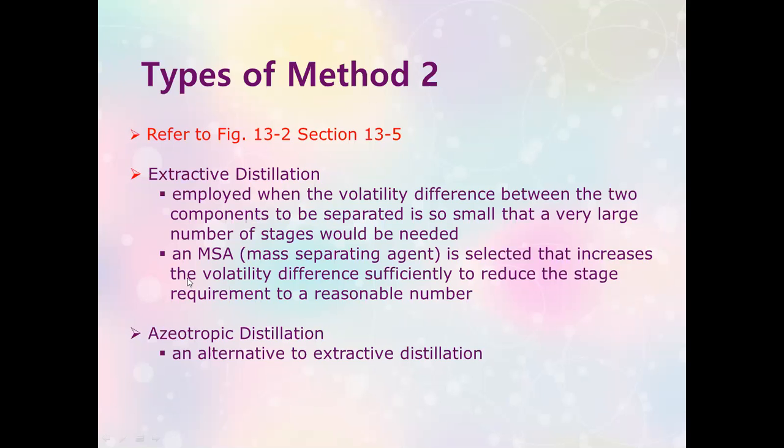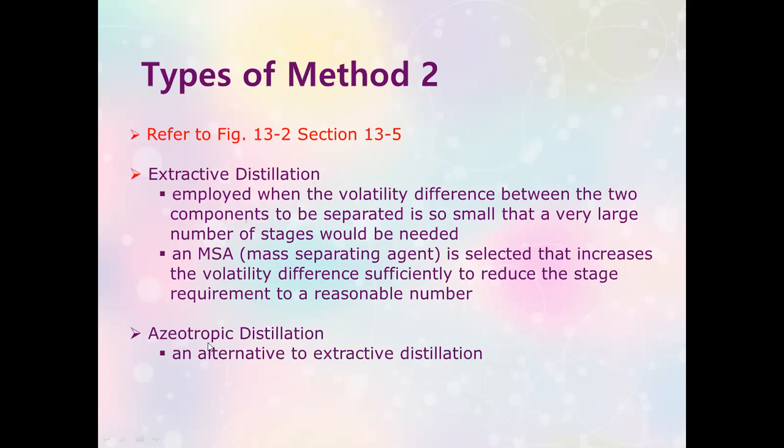Okay, so to address that problem, a mass separating agent is used to increase the volatility difference. That way, in terms of designing a column, your column will not be that tall. That way, we can separate these components that have only a very small difference in their boiling points.